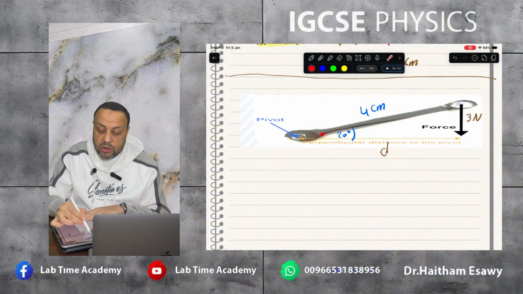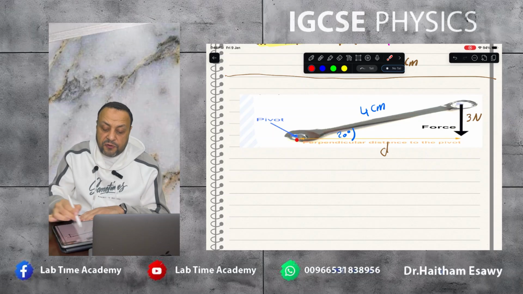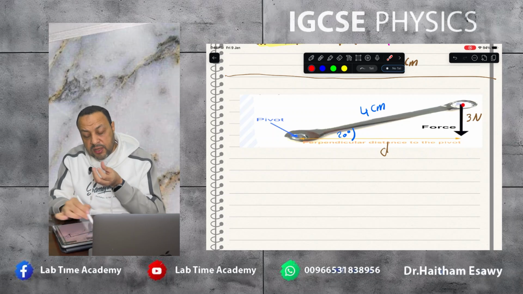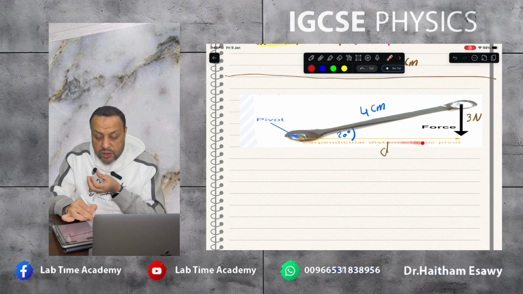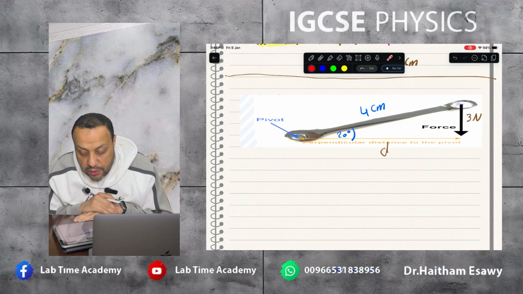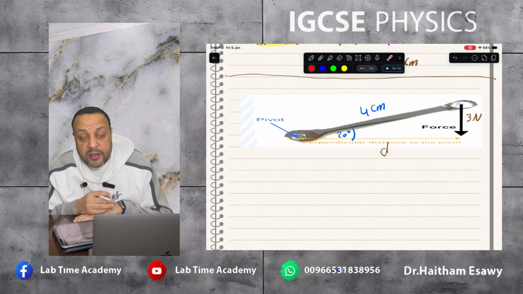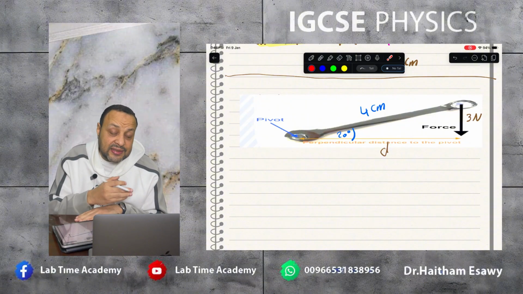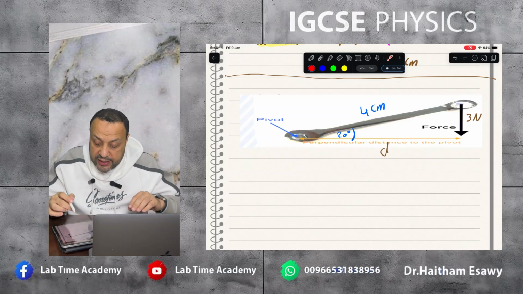No, because this distance is not the perpendicular distance from the line of action of force to the pivot. You have to use the perpendicular distance, so we have to use this distance. If you remember, you studied cosine, sine, and tan. And actually, where can we get it from?